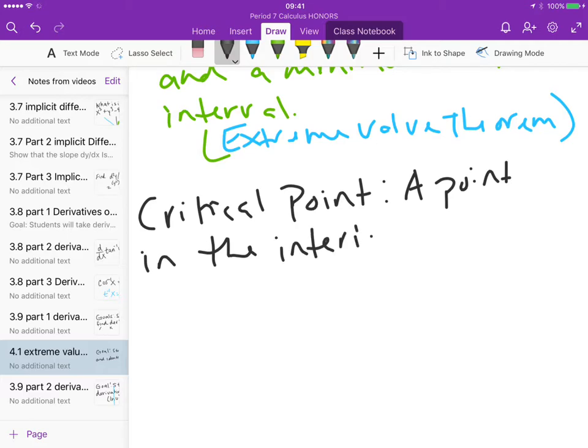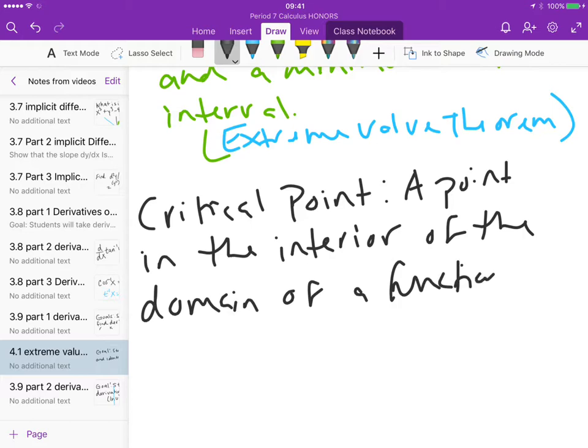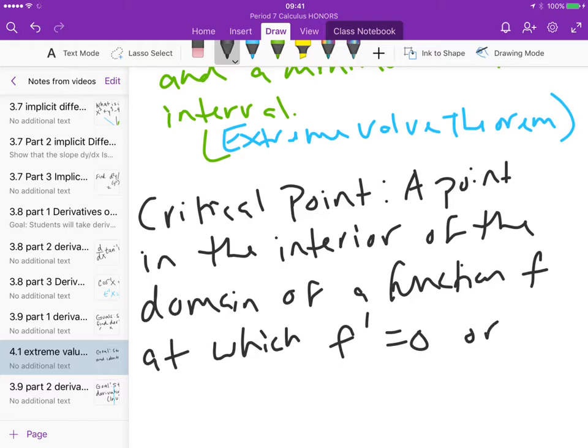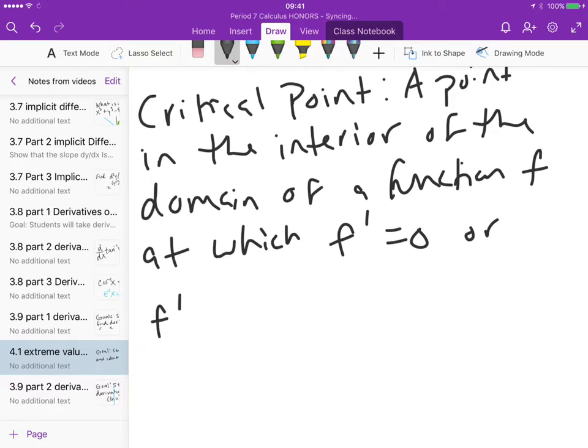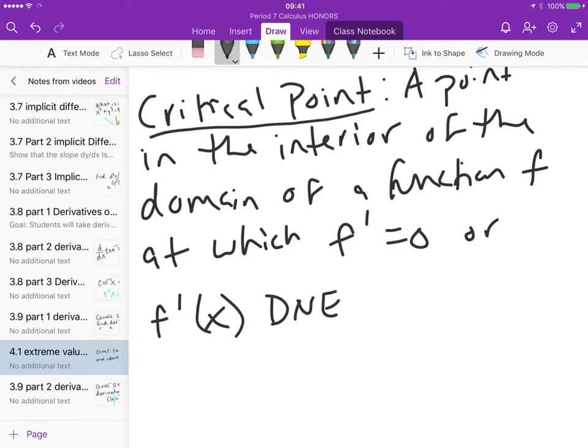So it's got to be inside the domain. If not, we don't really care about it. On the interior of the domain of a function f at which the derivative equals 0, or possibly it's not differentiable, or f prime of x does not exist. We call this a critical point when this happens.